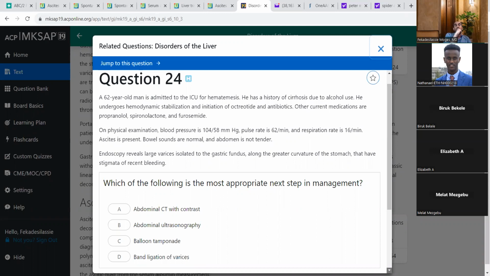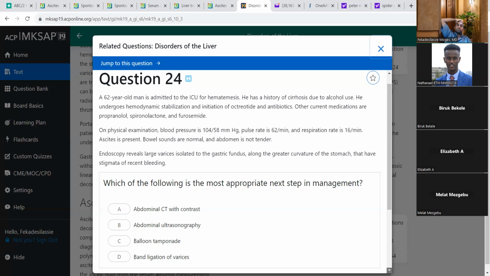On physical examination, blood pressure is 104 by 58 millimeters of mercury. Pulse rate is 62 per minute, and the respiratory rate is 16 per minute. Ascites is present. Bowel sounds are normal, and abdomen is not tender.